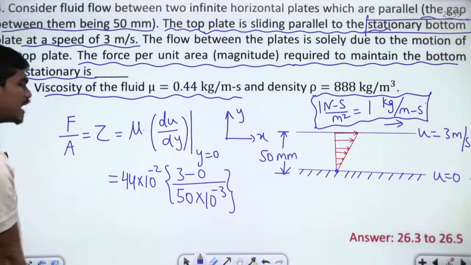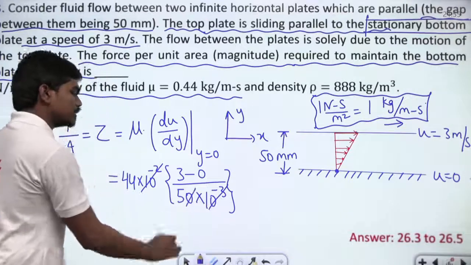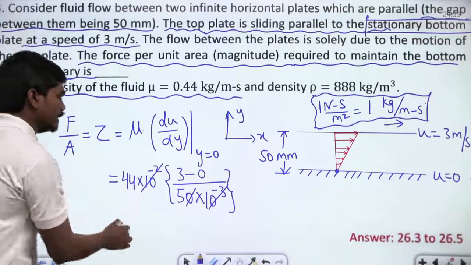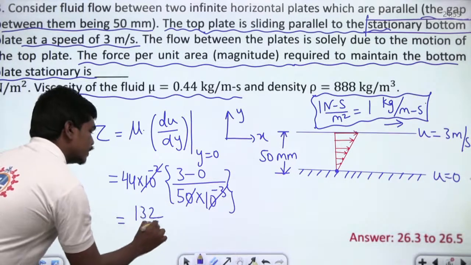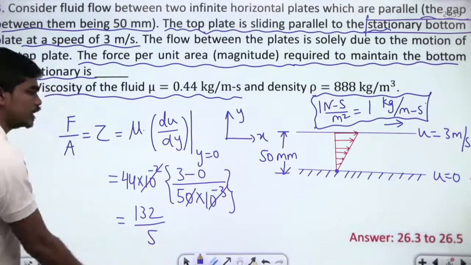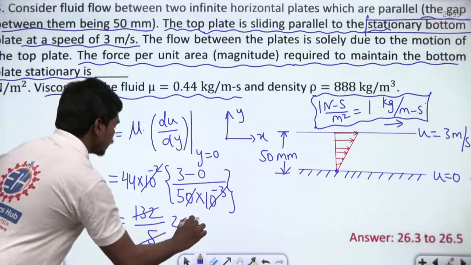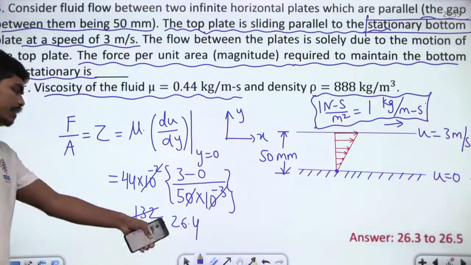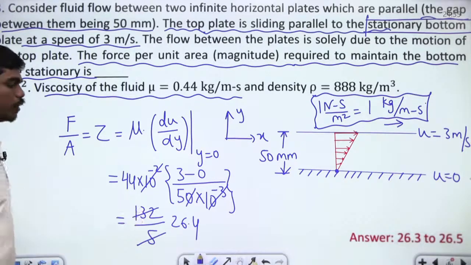If you perform this calculation, the 10 power minus 2 and 10 power minus 3 cancel to leave a factor of 10, so 44 into 3 is 132, divided by 5, which is 26.4, because 5 into 26 is 130 and the remaining 2 gives around 26.4, correct?